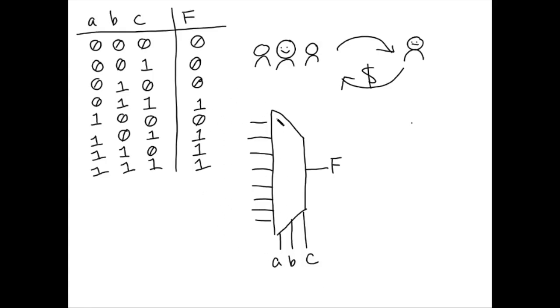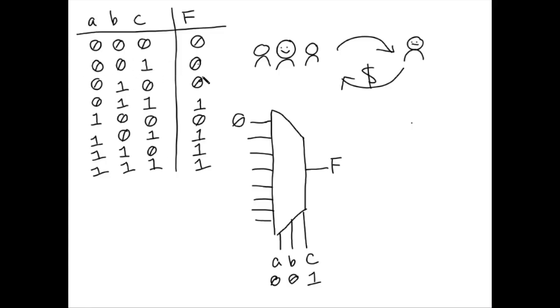This first line at the top will be selected when A, B, and C are equal to 0. So when A, B, and C are all equal to 0, that will give us an output of F equals 0. So let's put that right there. Our next line will be selected when A equals 0, B equals 0, and C equals 1, which aligns with this line of our truth table.